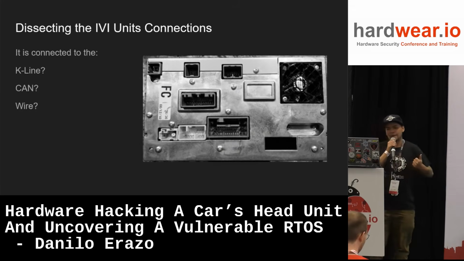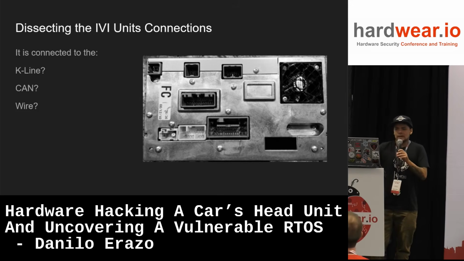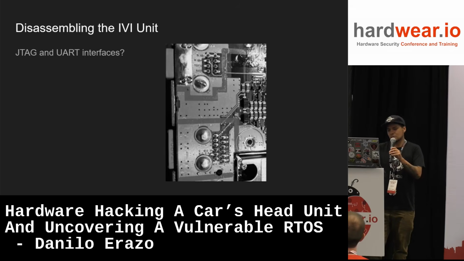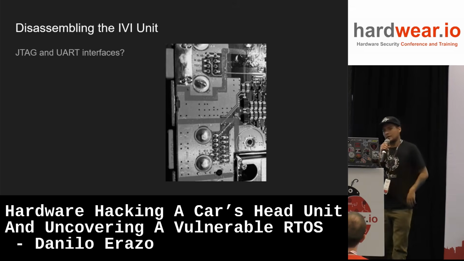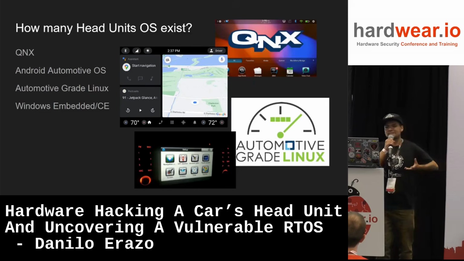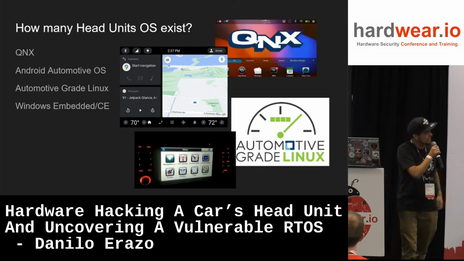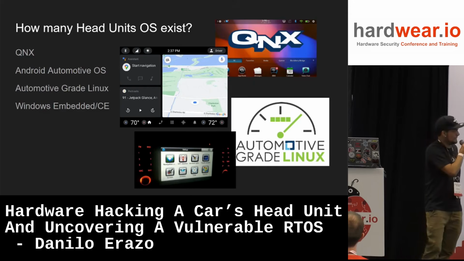So we need to disassemble the head unit to look for the connections. If the head unit is connected to the CAN bus network, to the LIN bus network. Also, we need to look for the JTAG access and also for the UART access. It's very useful.